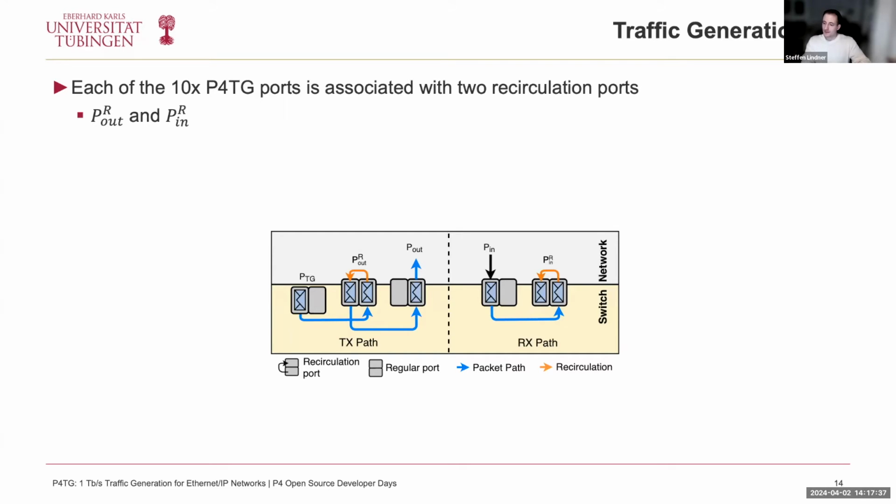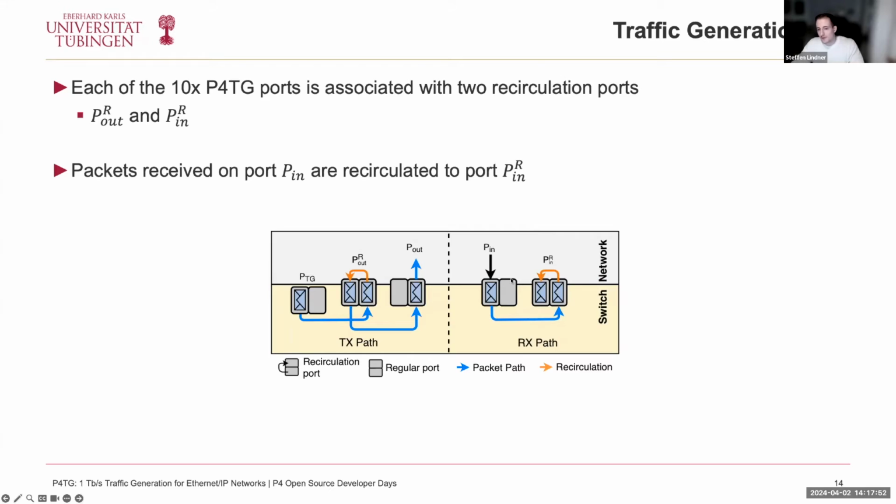When we send a packet to that port, it is directly recirculated and we can reprocess it again. We call these ports PR out for the send side of the traffic generation and PR in for the receive side. And what we do is that when we receive a packet on a port, let's call it P in, we receive that packet and then we forward it to its corresponding recirculation port PR in.